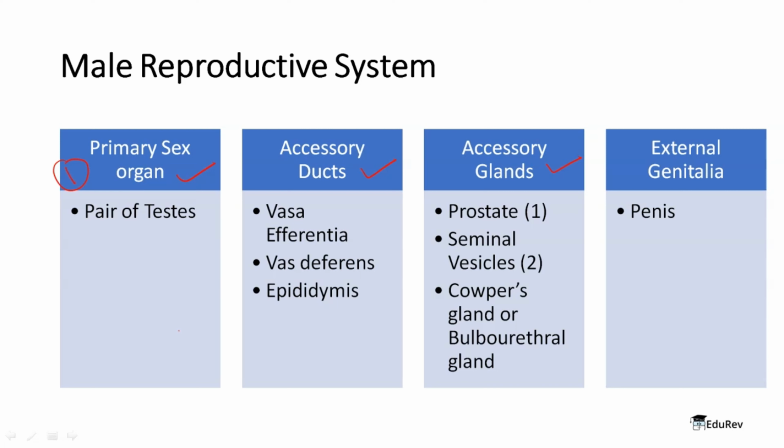They are responsible for production of male gametes, which we studied earlier are also called sperm. The second function is that they secrete sex hormones, which are responsible for secondary sexual characters in males.